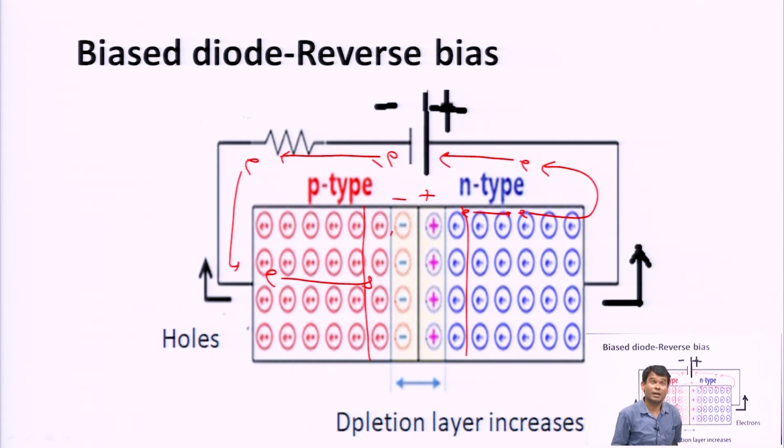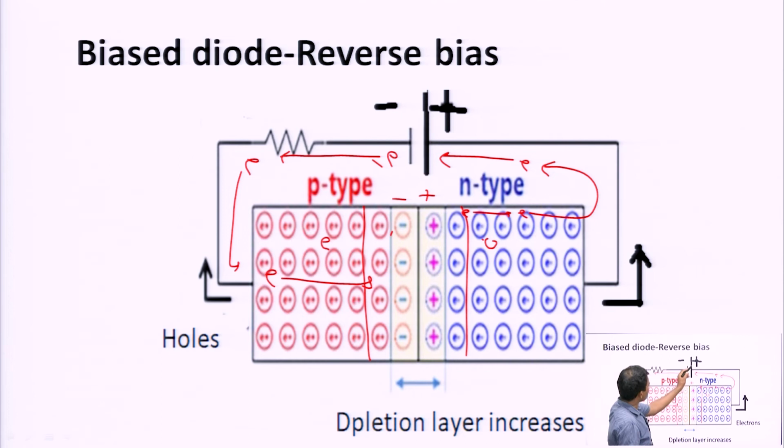But what will happen about the minority charge carriers? Yes, minority charge carriers can easily conduct, because we can see here that at p type the minority charge carriers are electrons, at n type the minority charge carriers are holes.